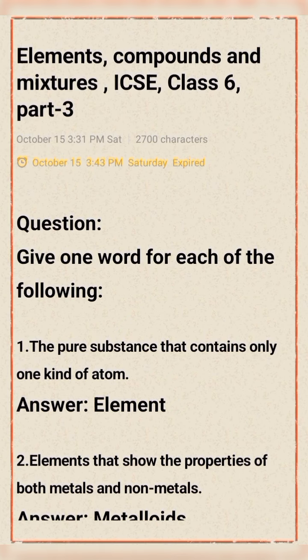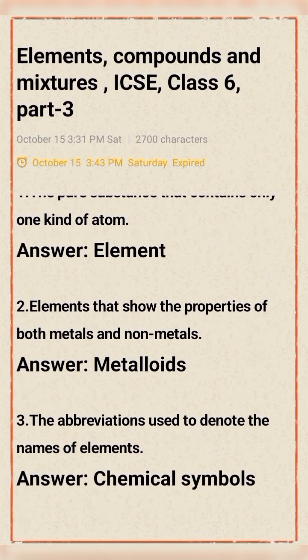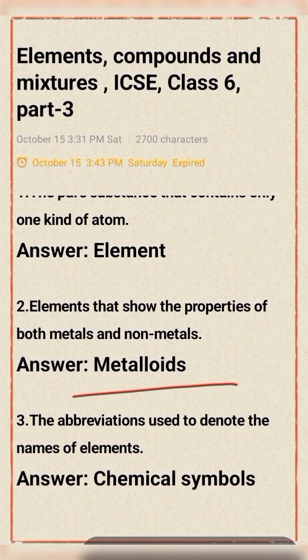First type, give one word for each of the following. Number 1, the pure substance that contains only one kind of atom. Answer, element. Next question, elements that show the properties of both metal and non-metals. Answer, metalloids.